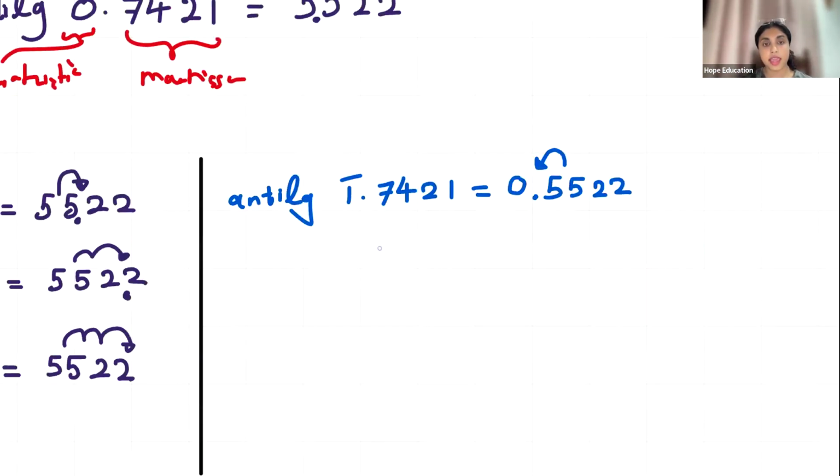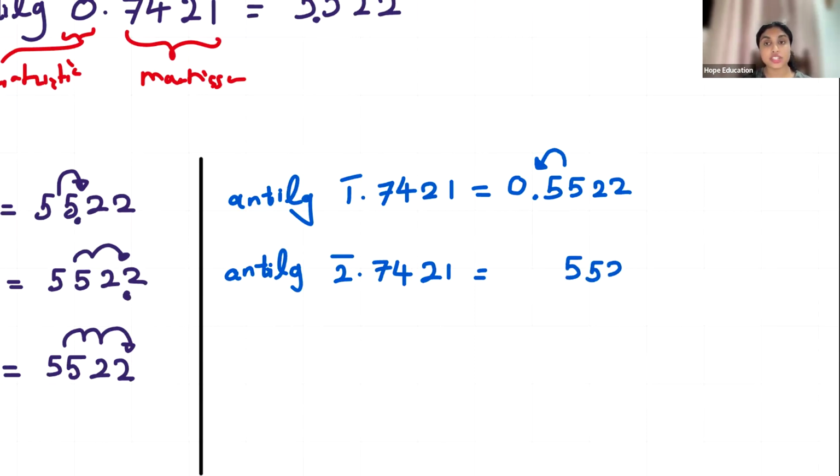If I say anti-log bar 2.7421, 7421 is the mantissa, so that is 5522. Characteristic is bar 2, which is -2. It can default and in දෙකක් ඉස්සරහට ඇවිල්ලා. Like this. That is 0.05522.